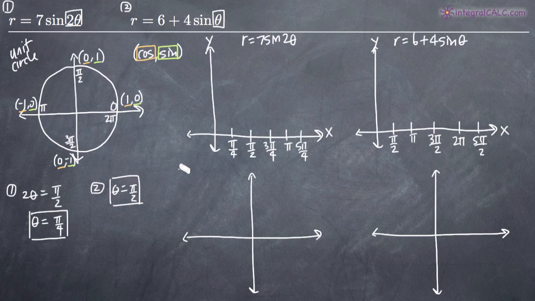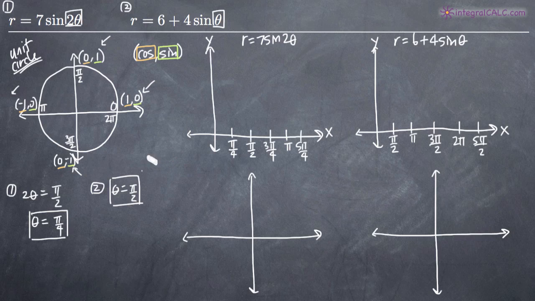And it ends up being convenient for us because when we evaluate each of our polar equations at the points that we've marked off here on the x-axis, we're going to be able to plug those in and use the unit circle, which I've drawn a basic unit circle out here. All the points we're going to plug in are the 4 points here on our unit circle that I've identified: 1, 0; 0, 1; negative 1, 0; and 0, negative 1.